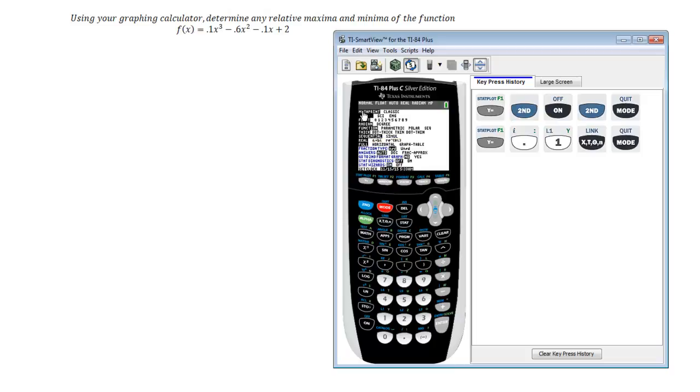So make sure that you have these portions highlighted on the mode screen. Most of the default calculators will have that. So again, I have 0.1x, and if you got a t, theta, or n, go back and look at the mode to make sure that you are in function mode.